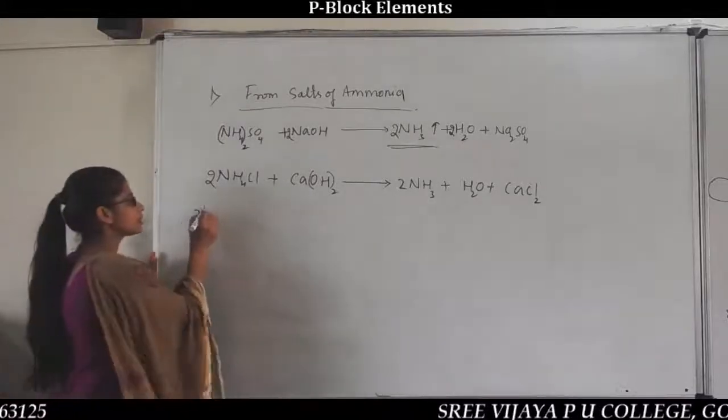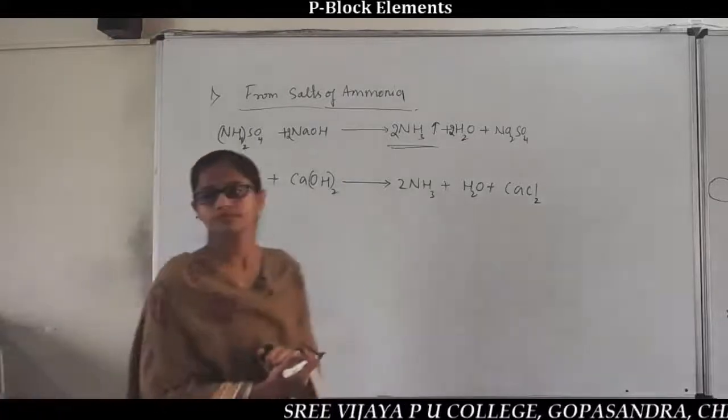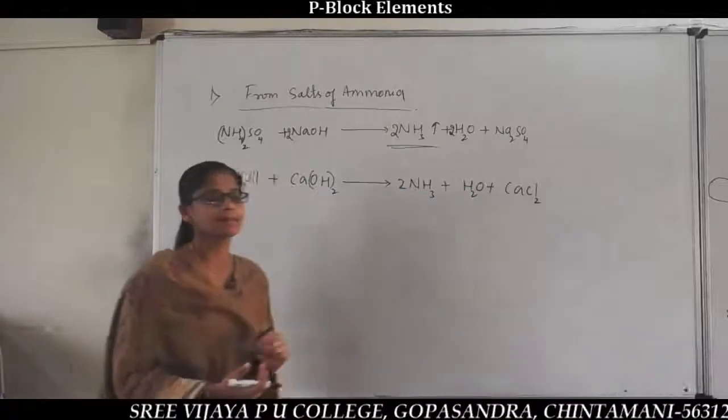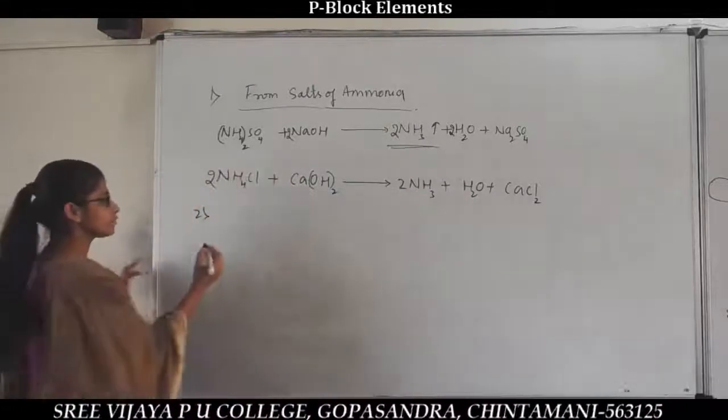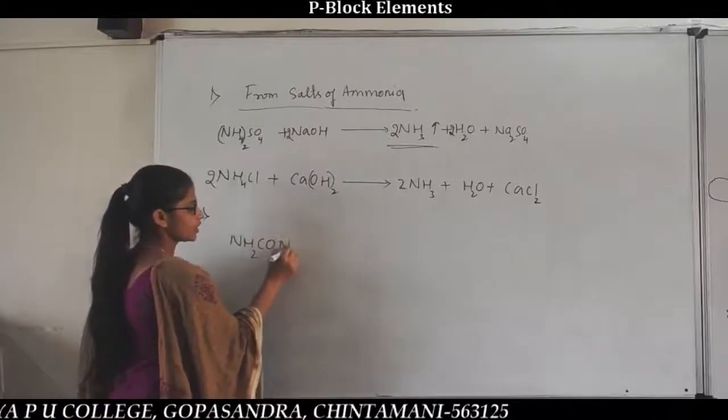The next method for the preparation of ammonia uses nitrogenous organic matter. The best example is urea, whose molecular formula is NH2CONH2.